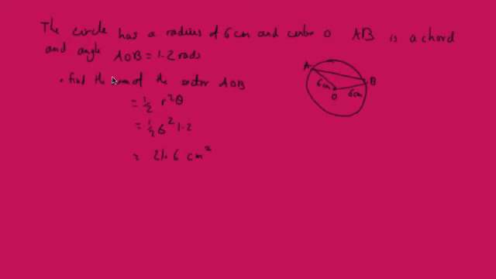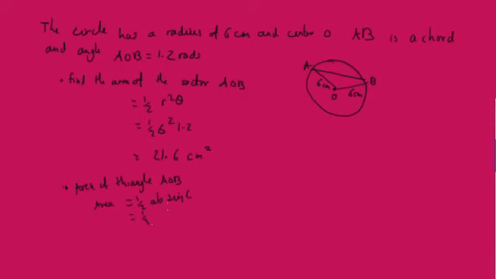Okay, next we want to find the area of the triangle AOB. To do that, we're going to use the formula with the sine of the angle: half ab sine C would give us the area of the triangle.